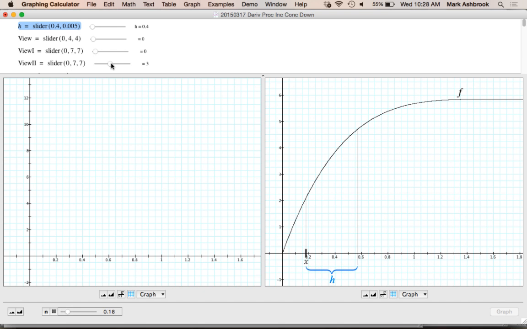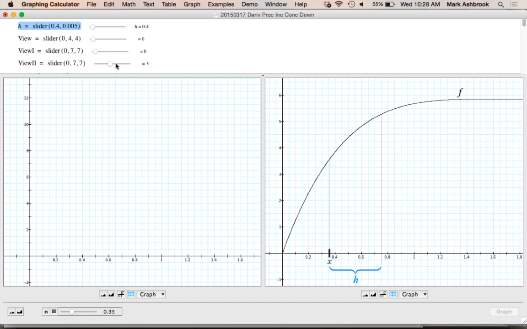So let's take off the previous version and let's look at this newer version. What are we going to do? For any given x, we're going to look at this interval that starts at x, and we're going to calculate a rate of change. How are we going to calculate it?